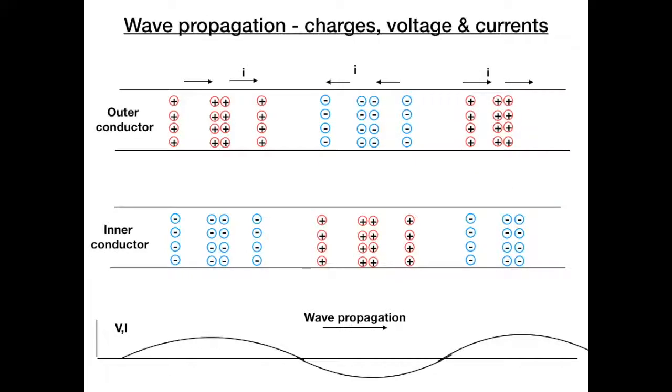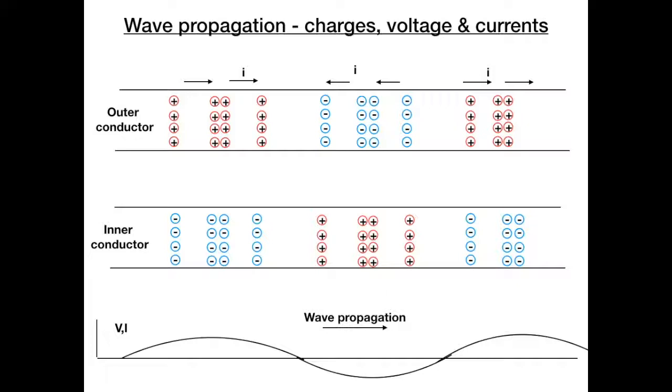I've drawn here what the currents and voltages are doing during the propagation of the wave. What you see here are the charges, or more accurately, the charge density on the conductor. You have a wave with regions having more charge, and you have the opposite charge on the inner conductor.